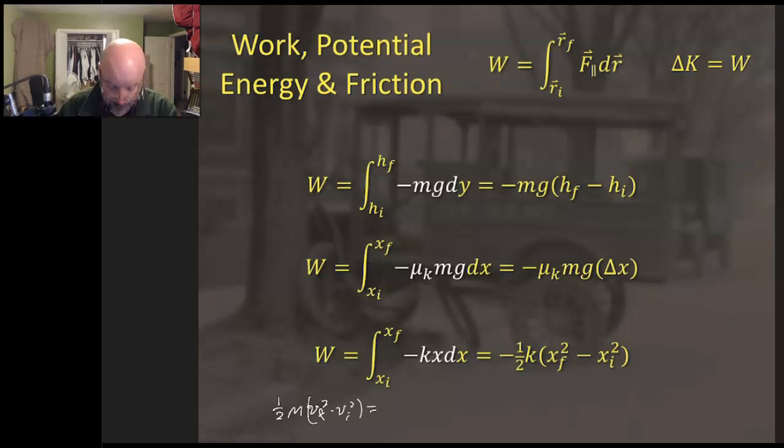Then there's some change in gravitational potential energy, which was minus an mg delta h, then minus some spring energy, which is 1/2 k (x final squared minus x initial squared), and then if there's some losses due to friction, we would have this term here, mu mg delta x, however far we go with the friction.